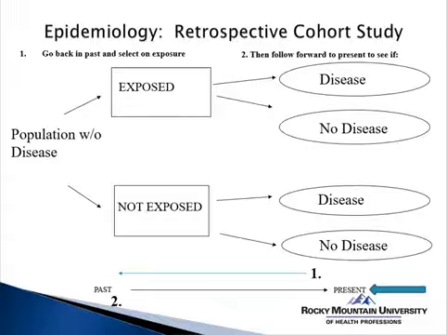What we do have is a known population without the disease or injury at baseline. And then we have information that we've collected on those individuals in the past. And so we can then dichotomize them into groups and then move forward back to the present to see about proportions.